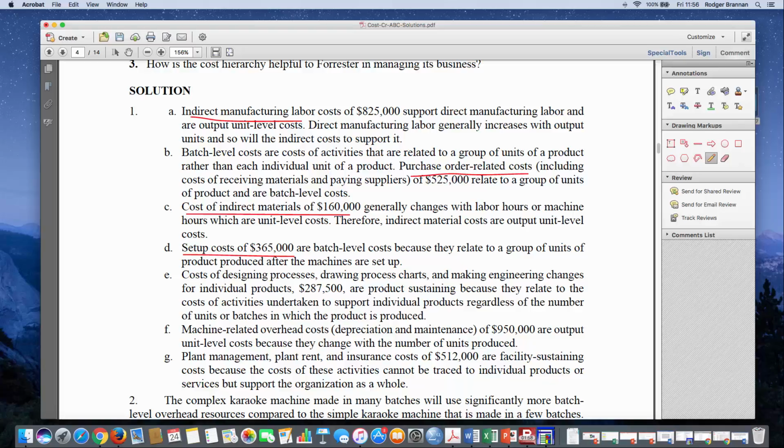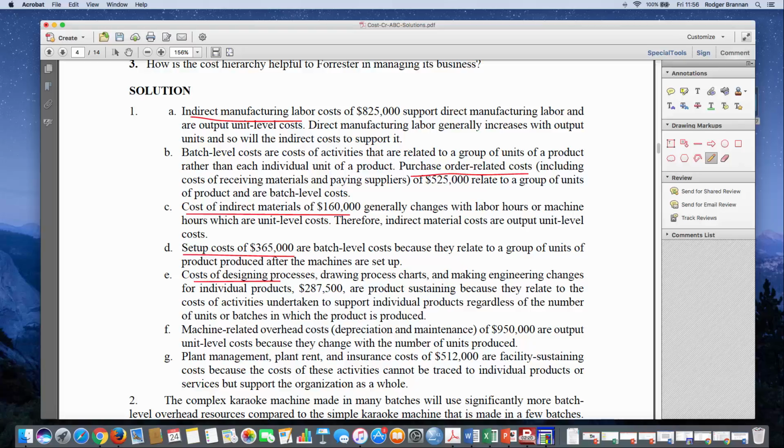Now, a more pure, if you will, batch level cost would be setup, because every time you produce, let's say, a different item, you're going to have to go through and make some changes on the factory floor. That's not inexpensive, and so every time I do that for a particular product, I'm going to have to associate those costs with that product.